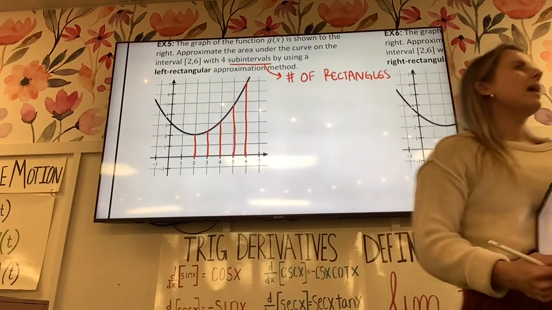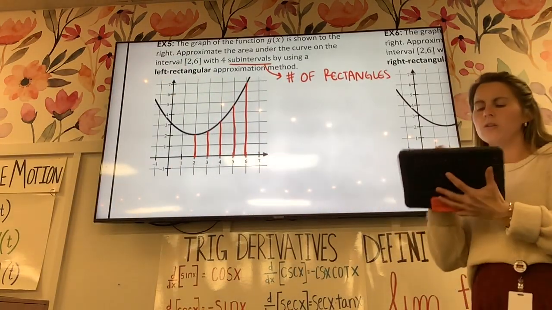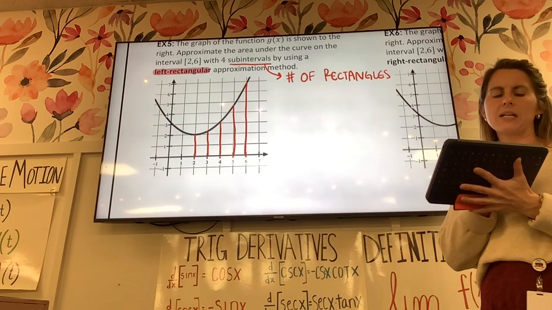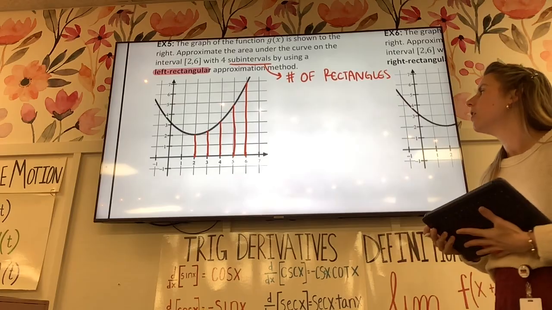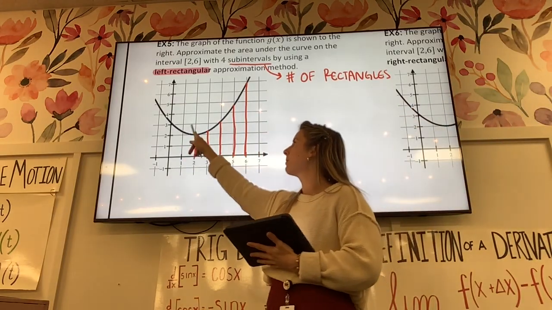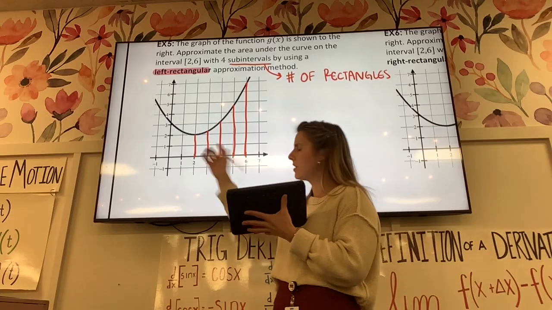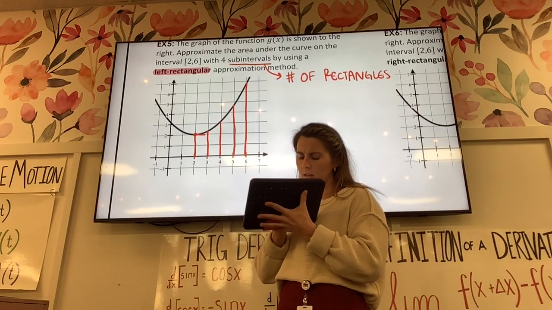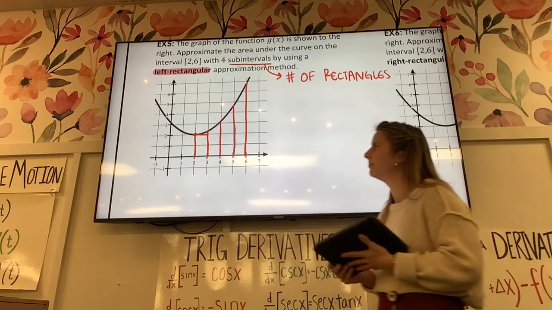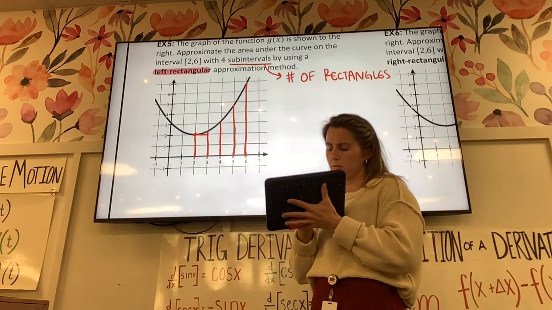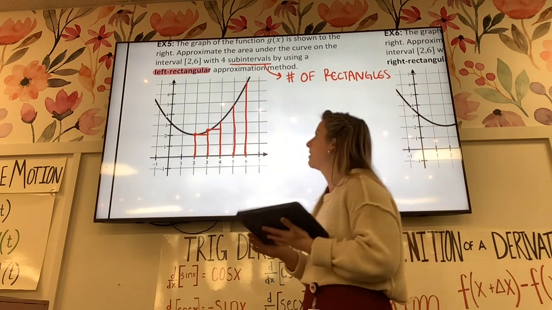To determine the height of these rectangles, we are going to use the left point because this one is asking for the left rectangular approximation. So I'm going to start on the left side and use the left point to determine the height of my rectangle. This first rectangle is going to be about that high. The second rectangle is going to be about that high.